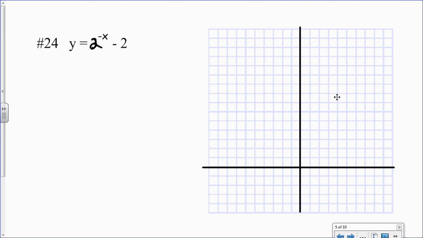Okay, so what's the parent function? What's the base? 2. So just 2 to the x. So it's the base to the x, just x.